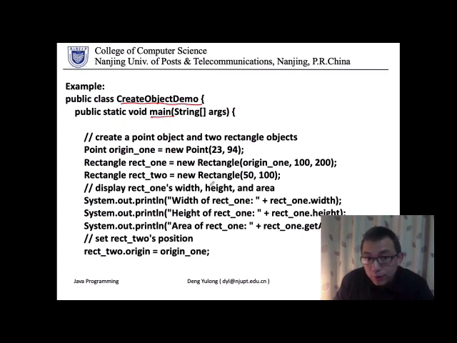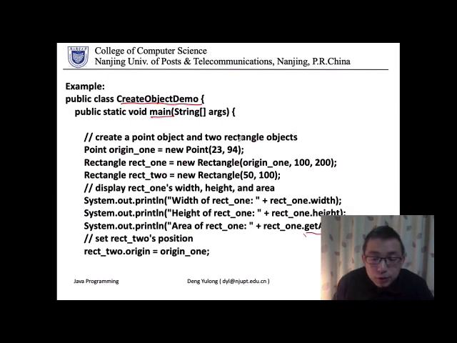For example, we create a point, we create a rectangle, and we access these objects and get the values of the width and height, and we calculate the area. We move this rectangle from one place to another place. Well, lots of operations. The whole code we will talk about in the future.